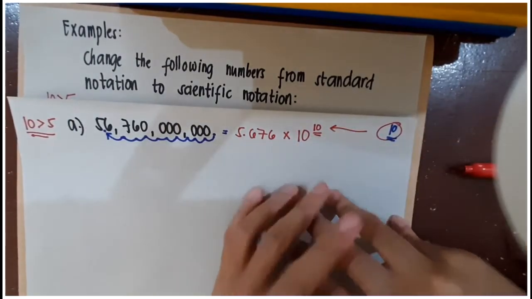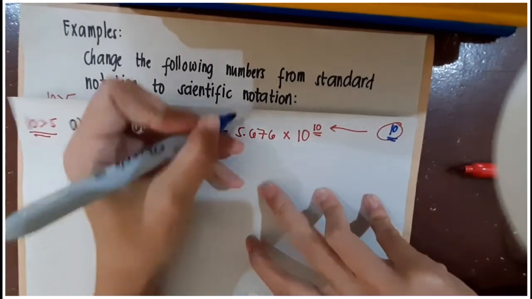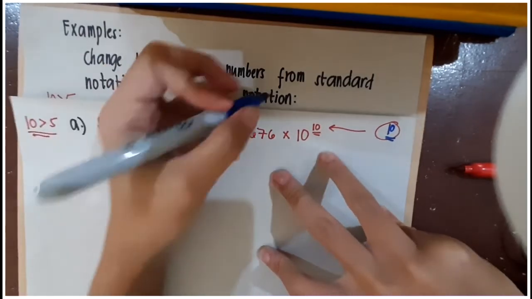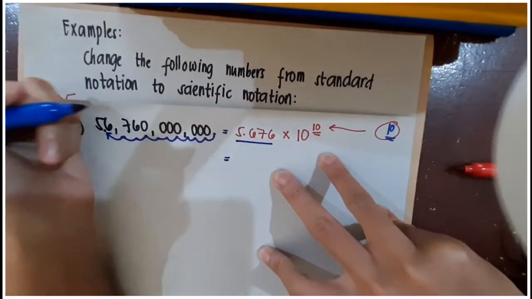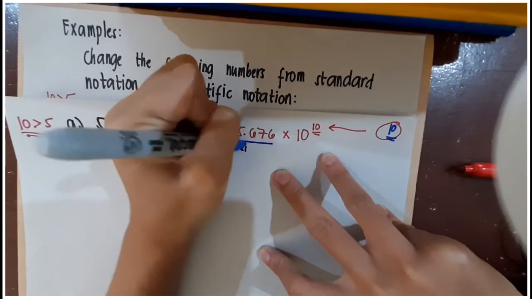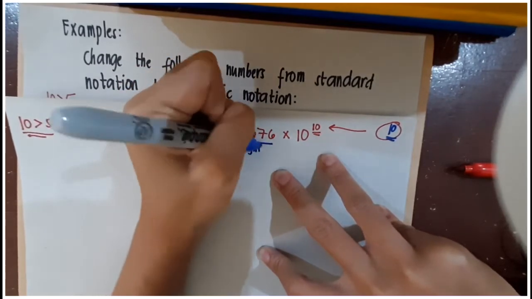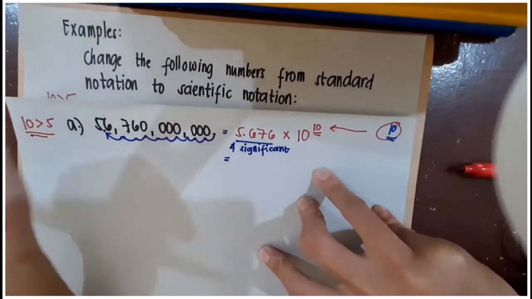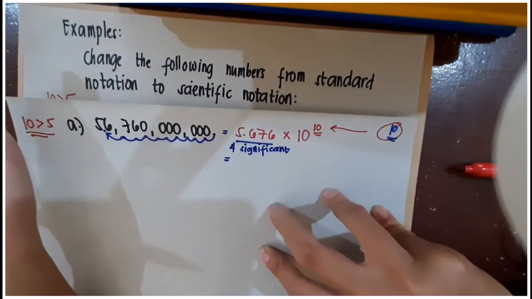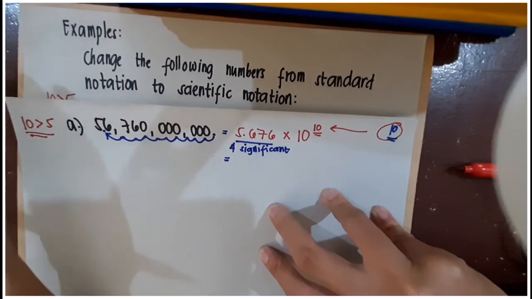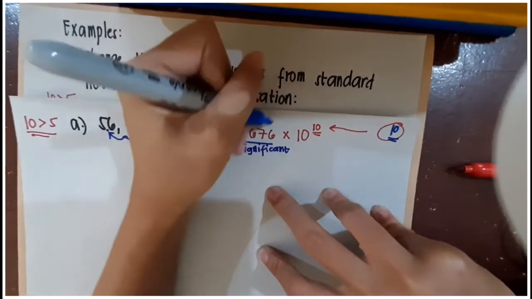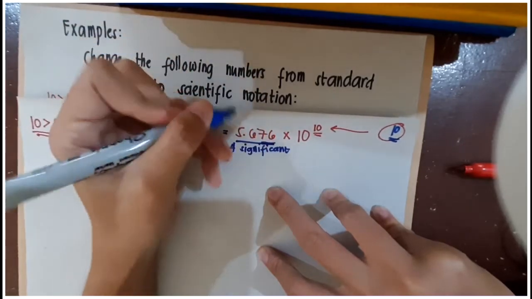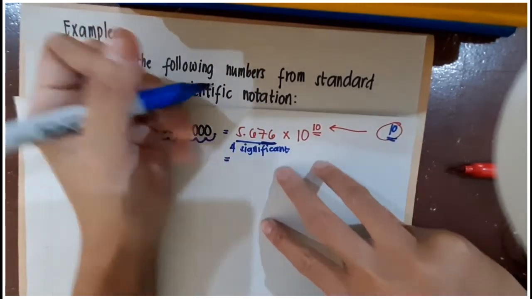So you can also write this number with 3 significant figures. In this case, this is 4 significant figures. What if you have to write it with 3 significant figures? You just round off your last number.